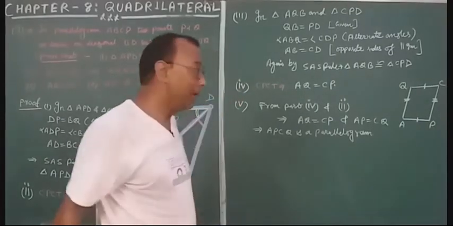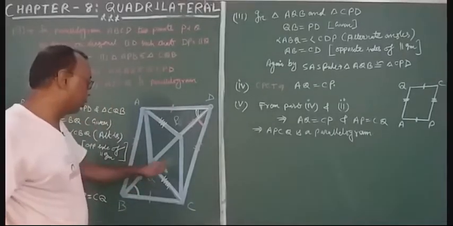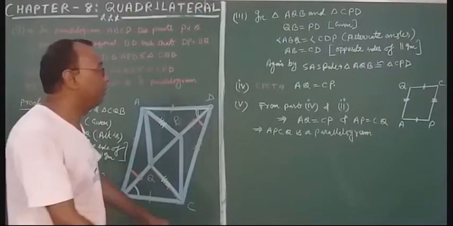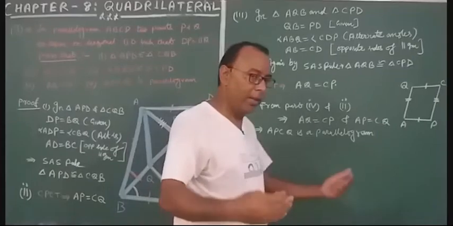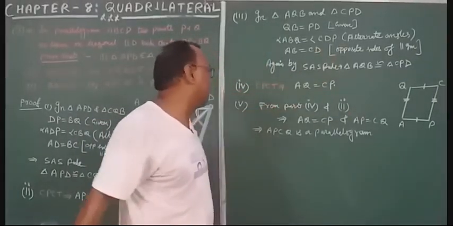So again by SAS rule, triangle AQB is congruent to triangle CPD or DPC. This is the proof of part third.